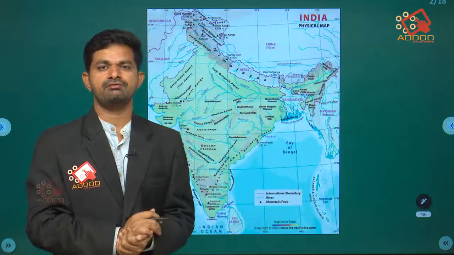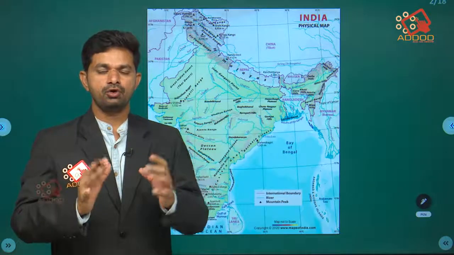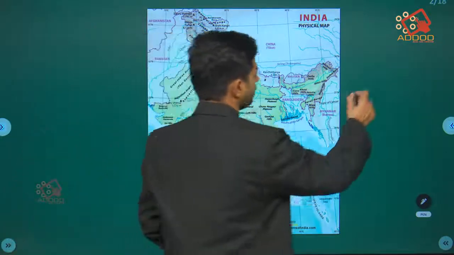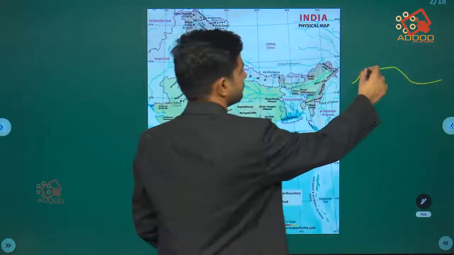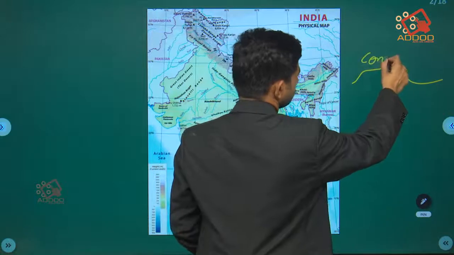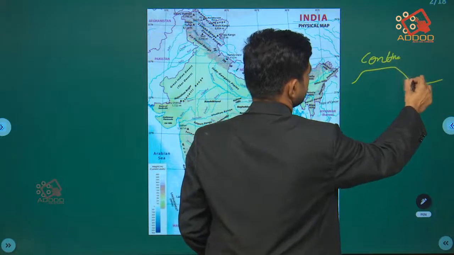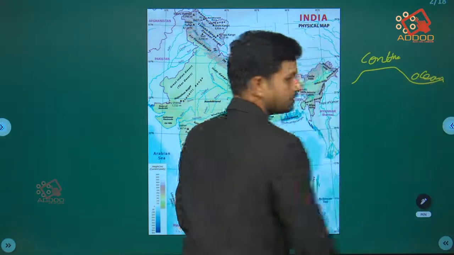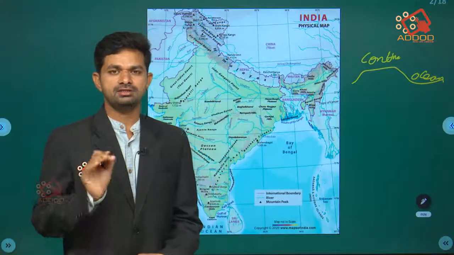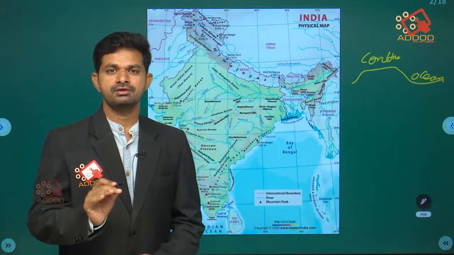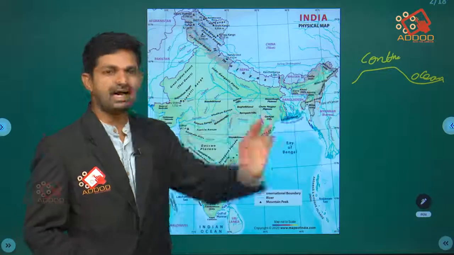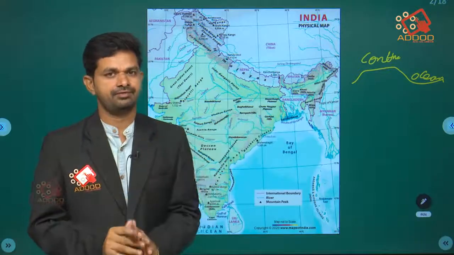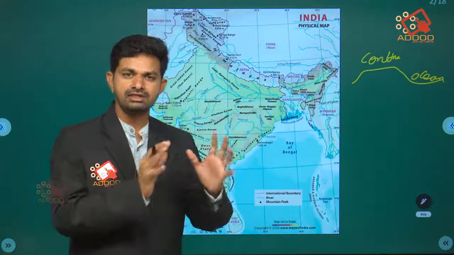The first order landforms are continents and oceans. We all know that two-thirds of the earth surface is covered with water and one-third is covered with land. All the land part is known as continents.